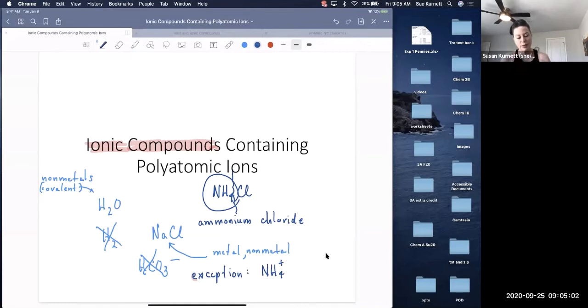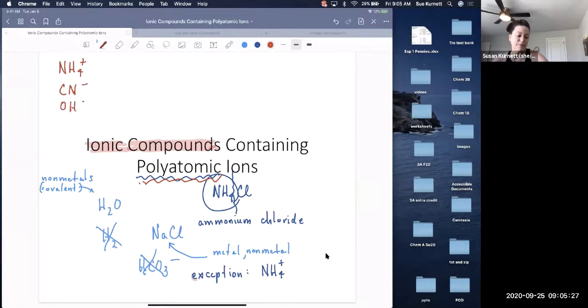Okay, so we're looking at polyatomic compounds, ionic compounds that contain polyatomic ions. And polyatomic just means many-atom ions, like ammonium, our one polyatomic cation. But there are lots of polyatomic anions. Cyanide, maybe you've heard of that.